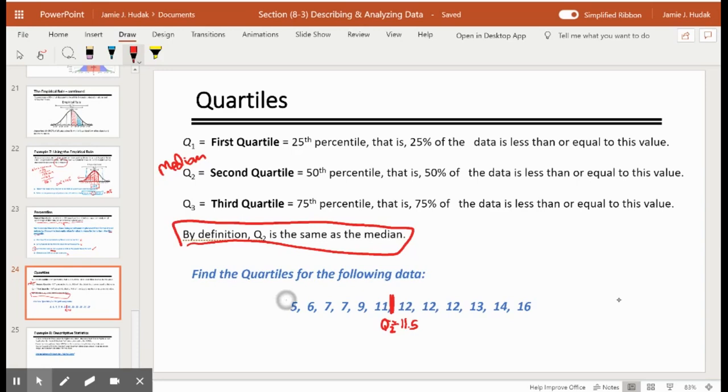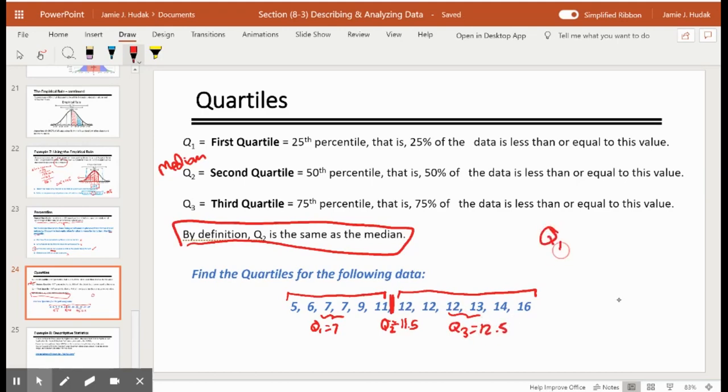Now to find Q1, you find the median of the left half. So to find the median here, you would take the average of the two middle values. So Q1 is 7. And then Q3 would be the median of the right half. Q3 would be 12.5.